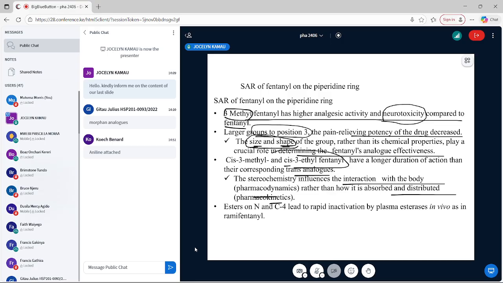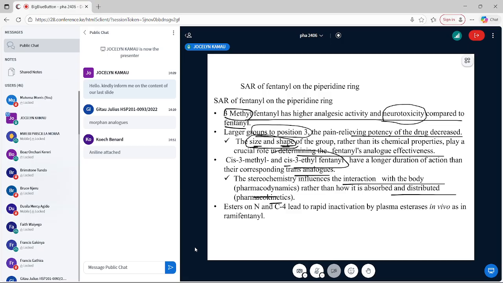When you put a big group, remember, not only is it interfering with the accessibility of the receptor, it is also interfering with the ability of fentanyl to give us the axial conformer. Because you have this group that has brought in steric hindrance, it will not allow the phenyl group to acquire the axial conformation. So let us understand those two things.